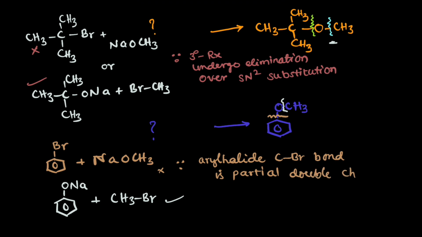That carbon is also sp2 hybridized, so the bond is somewhat stronger and breaking that carbon-bromine bond is difficult. These are the reasons why alkyl or aryl bromides do not easily participate in the reaction. Keep in mind, aryl bromides do not participate easily in SN2, SN1, or any reaction.